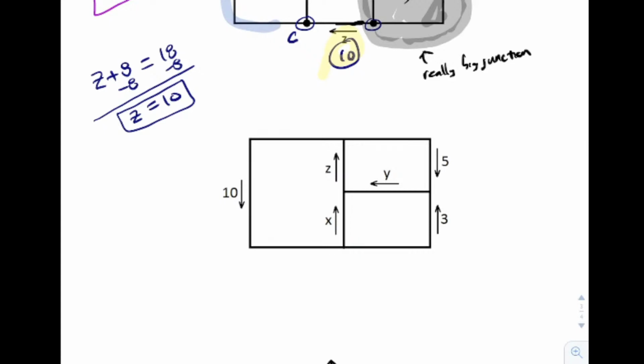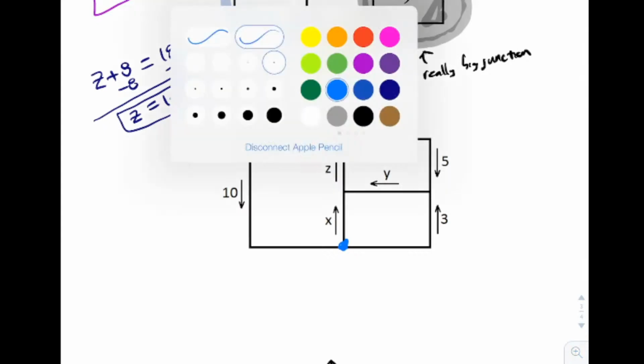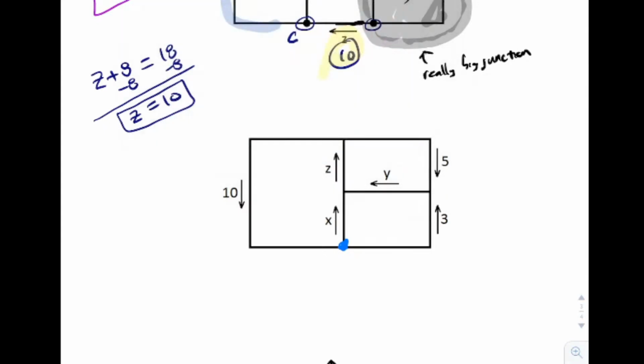Well, if I go X first, I should use one of these two junctions. I'm not going to use that one because it's got Y's and Z's, too complicated. I want to use this junction, which has X's, it has 3's, it has 10's. Now that's more like it. So what's coming in to junction A?